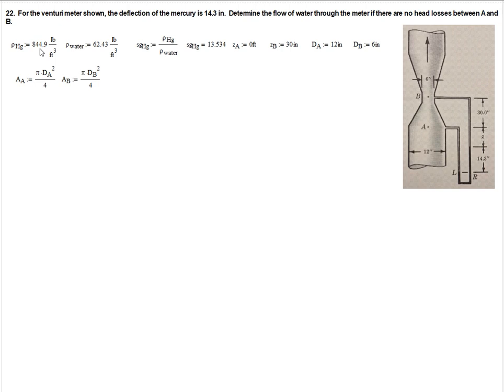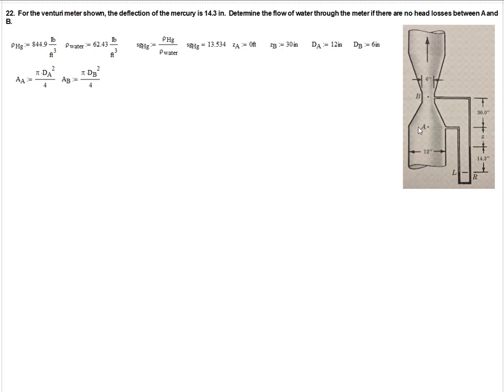We need the density of mercury, which we can look up as 844.9 pounds per cubic foot, and the density of water. The specific gravity of mercury is just the ratio of the density of mercury to water, and that's about 13.5. And then I have some elevation information that we're going to use.